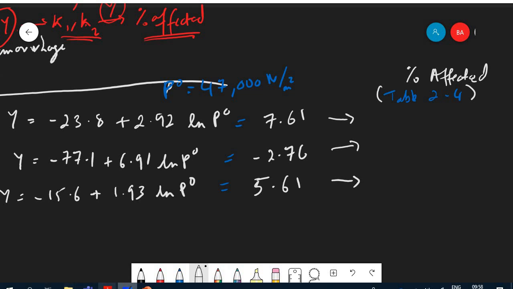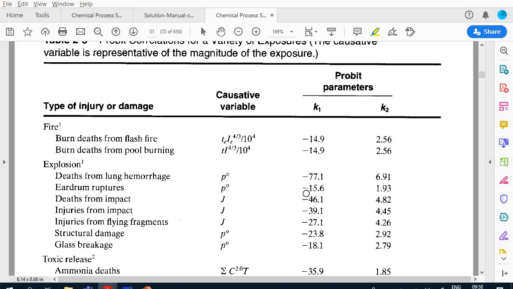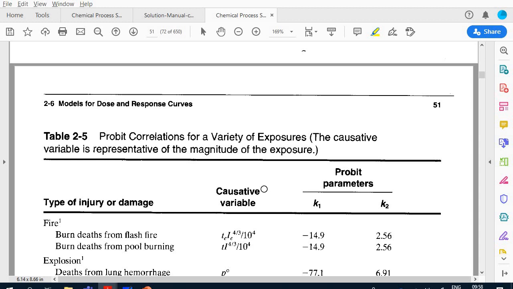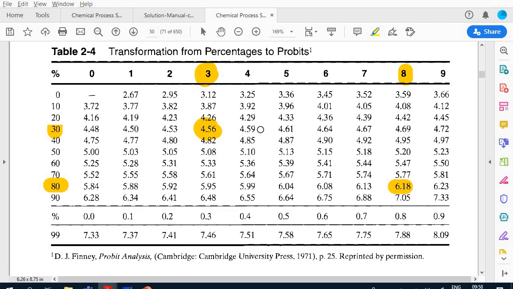7.61. So we go to 7.61 in the table at the top. As I said, we can use either the table or the figure, but the table is easier. 7.61, sorry, it's not 7 and 8, that is for the percentage.